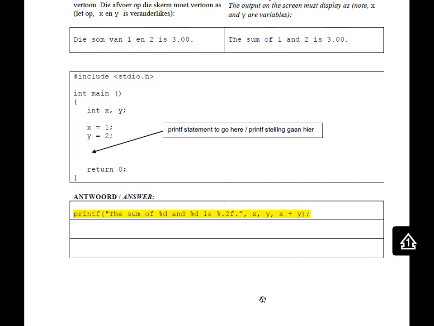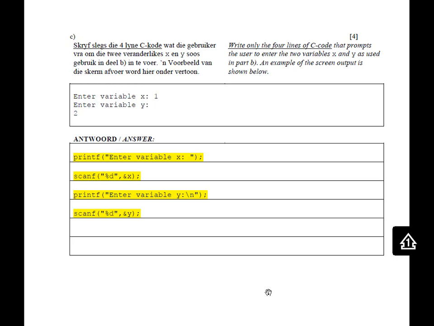Okay. Next up. Write 4 lines of C code that prompt the user to enter 2 variables, x and y, that are used in the previous question. Well, you can do that using a combination of printfs and scanfs. So printf, enter the variable x. This is the expected output.